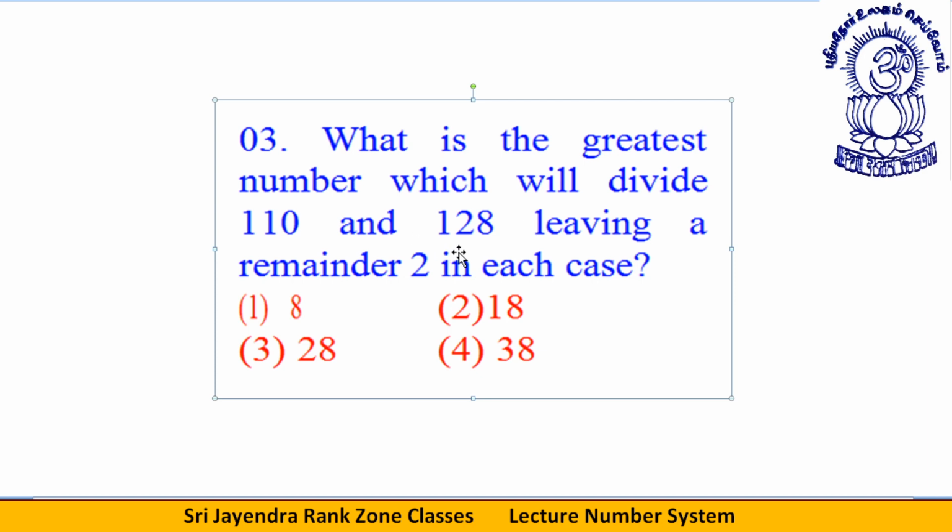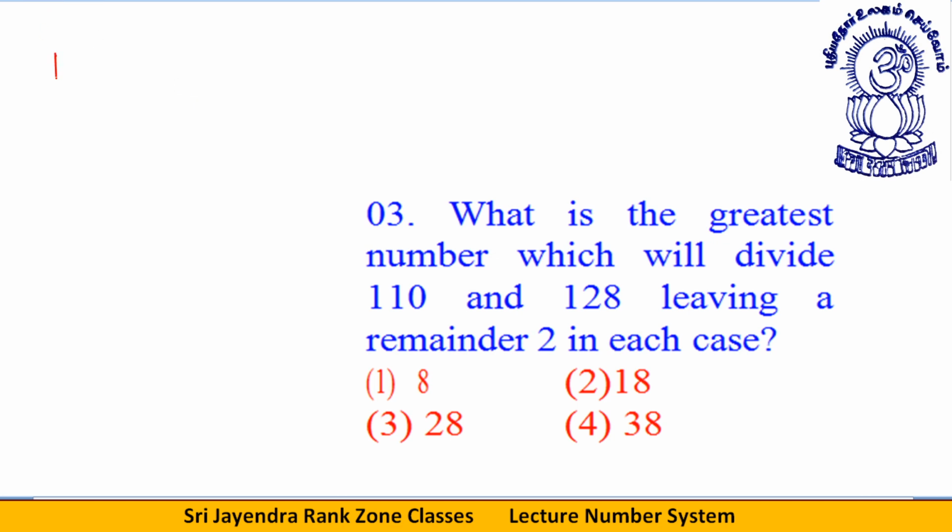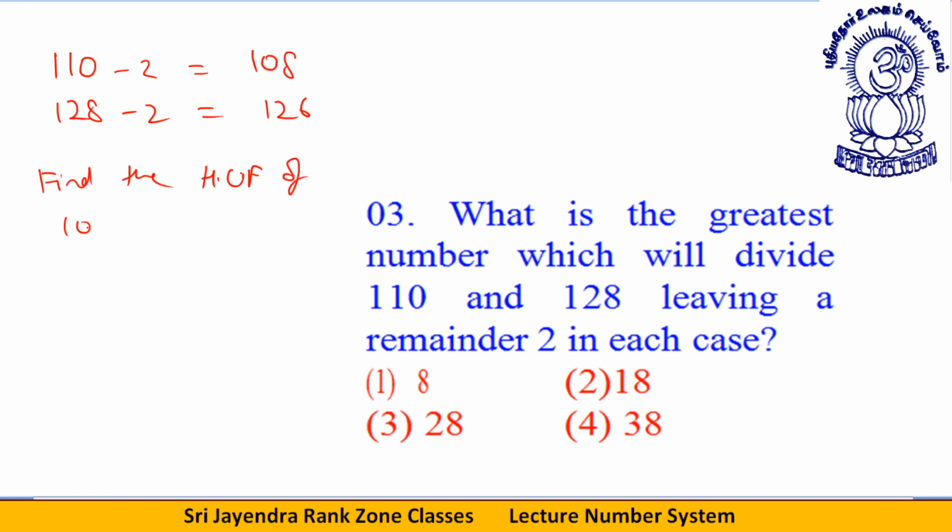What is the greatest number which will divide 110 and 128, leaving a remainder 2 in each case? See, exactly the same thing. 110, 128, remainder is 2. That means it divides 108 and 126. Find the HCF of 108 and 126. Okay, what is the difference? The difference is 18.